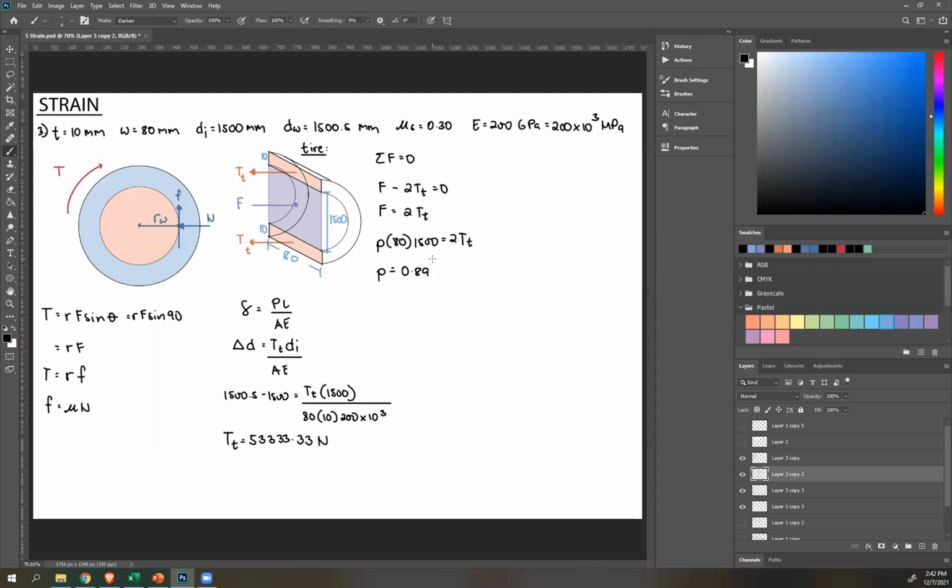Okay, remember, normal force is the perpendicular force going towards your wheel, right? And that force is due to the pressure exerted by the tire on your wheel, okay? So pressure can also be written as your normal force over area in contact, or contact area, right?